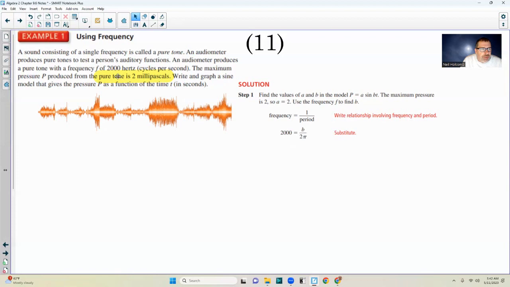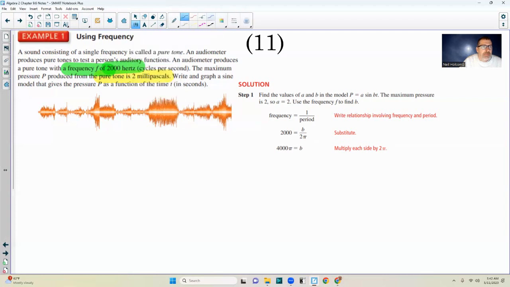And we know that the frequency in this situation is 2000, which is right here, frequency f of 2000 hertz. So 2000 equals, and we know that the period is 2 pi over B, so we take the inverse, which is B over 2 pi. So far, so good. And then finally, we're going to solve by multiplying both sides by 2 pi.